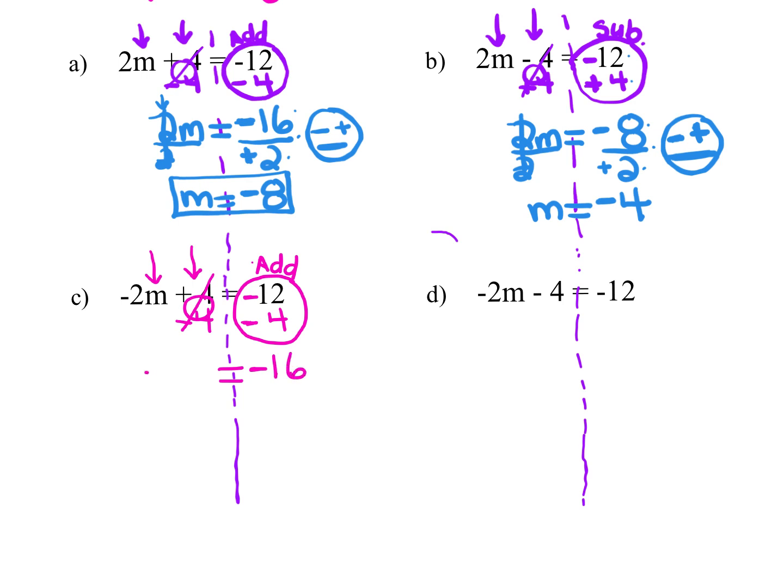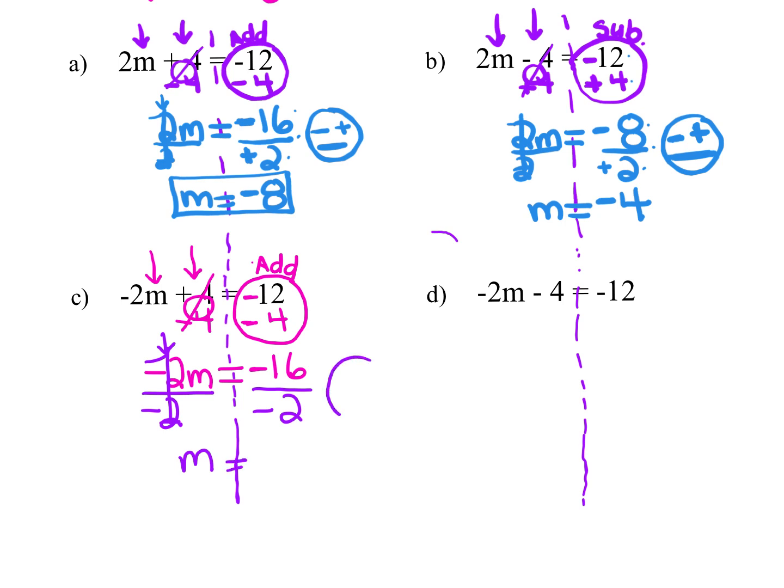Over on the left side, we're going to bring down negative 2m equals negative 16. Now it's our job to get rid of the negative 2. So when you divide, you have to divide by a negative 2 on both sides. That creates the 1. We want it out.